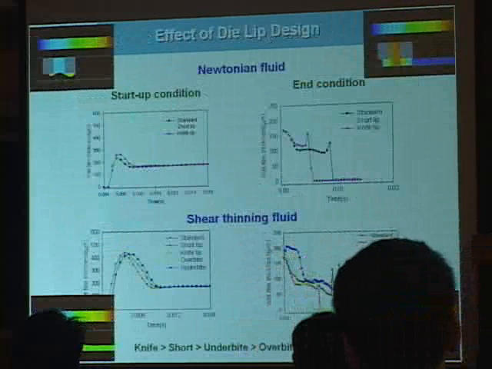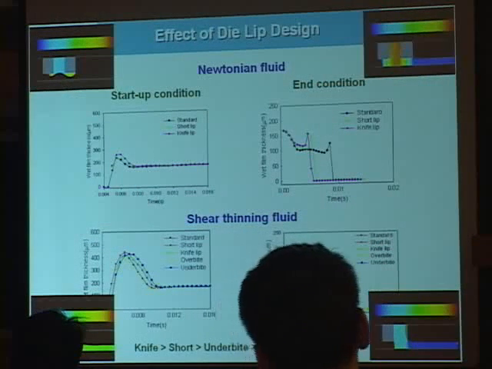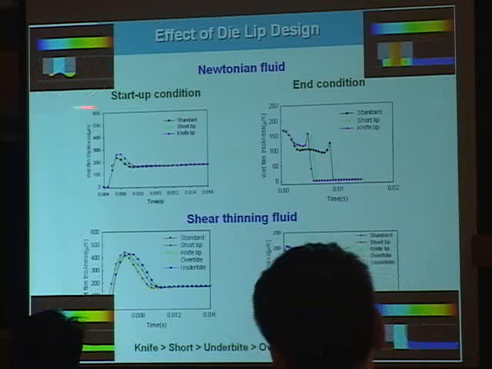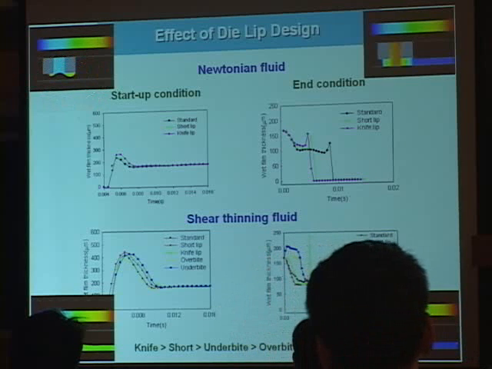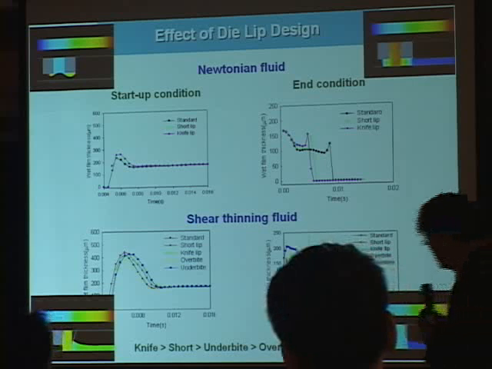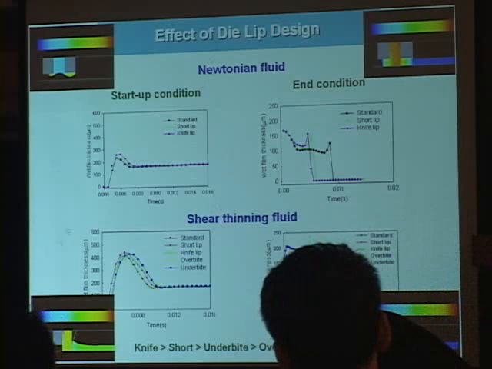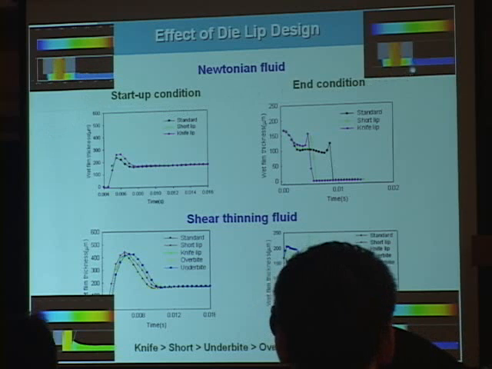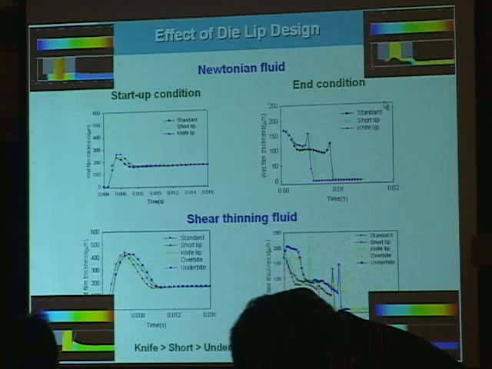This slide shows the transient behavior of the coating liquid in the coating bead region at startup and end conditions. Let's look at some movies. This movie shows the transient behavior at startup condition for Newtonian fluid and end condition.